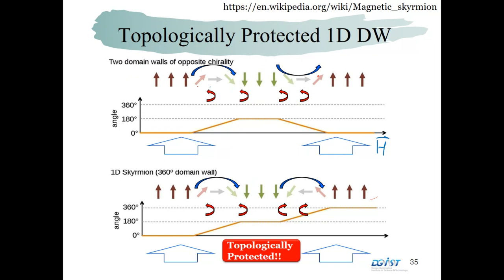For a mathematician, topological protection means it is impossible to change one topological number to the other without a topological number breakdown. But for a physicist, this kind of barrier cannot be infinite energy. It is a finite energy barrier. So don't be afraid. This topological protection means there is some additional energy barrier for the simple case.